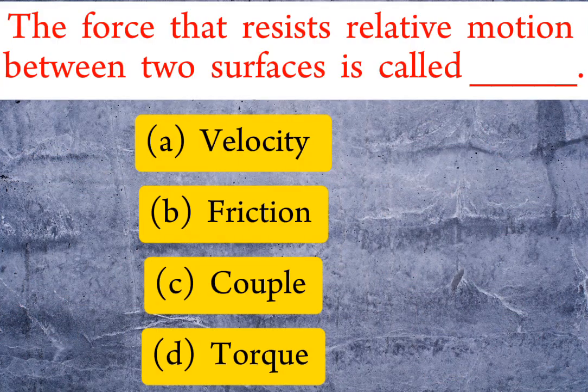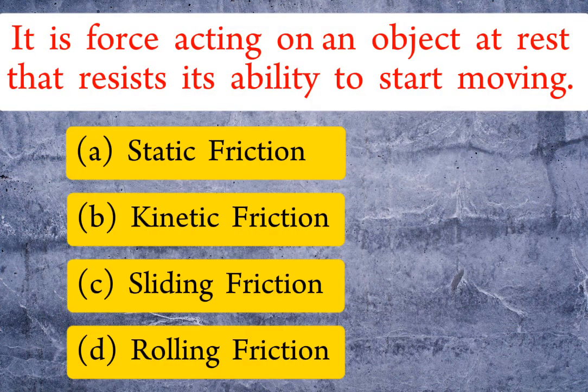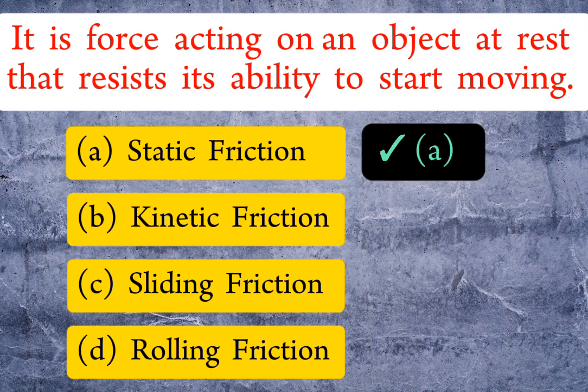The force that resists relative motion between two surfaces is called: a) velocity, b) friction, c) couple, d) torque. It is the force acting on an object at rest that resists its ability to start moving: A) static friction, B) kinetic friction, C) sliding friction, D) rolling friction.